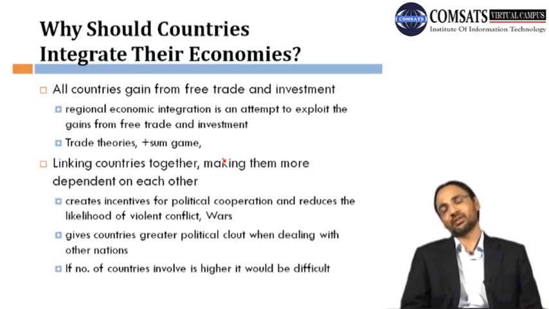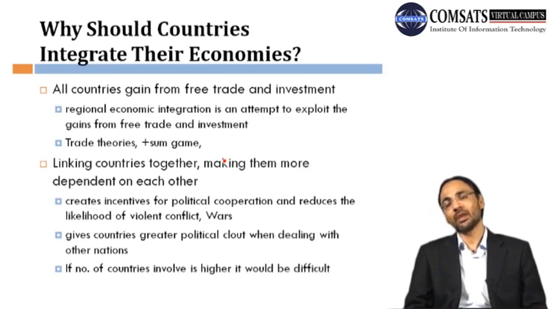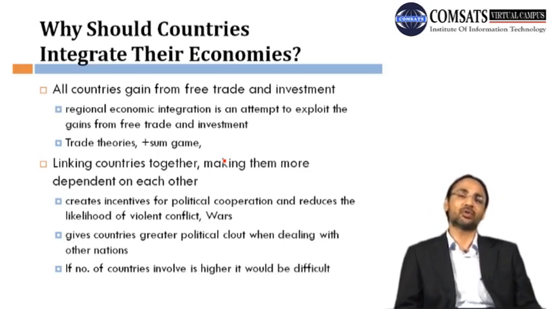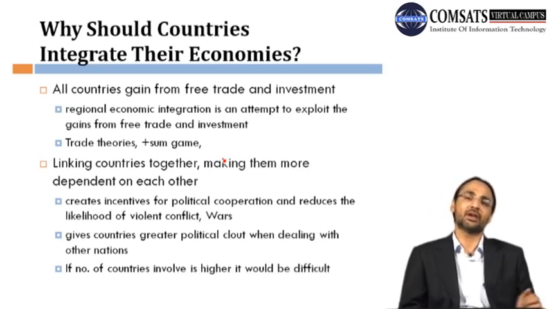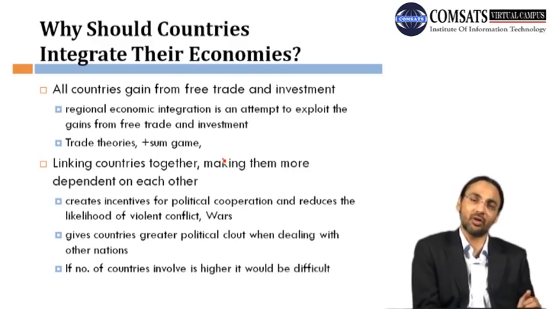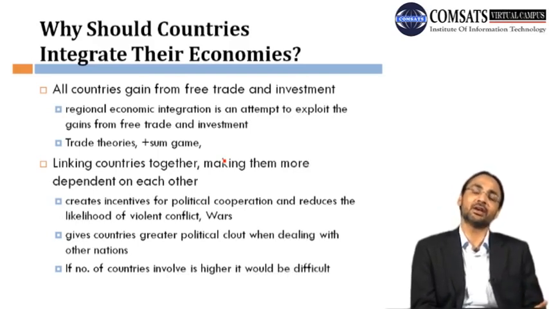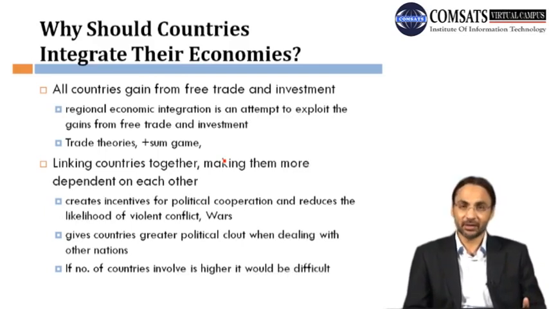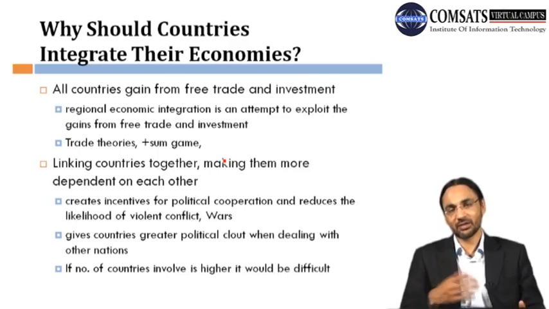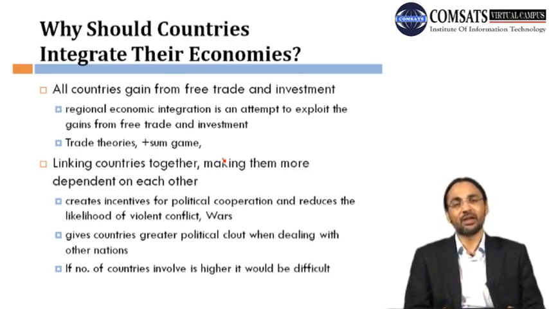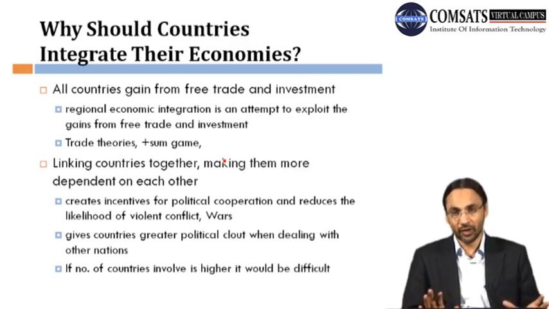Like we have seen, when the countries get together, because of this economic integration, they will depend on each other, and because of this interdependence, there will be less chance of violent conflict and less chance of war between each other.